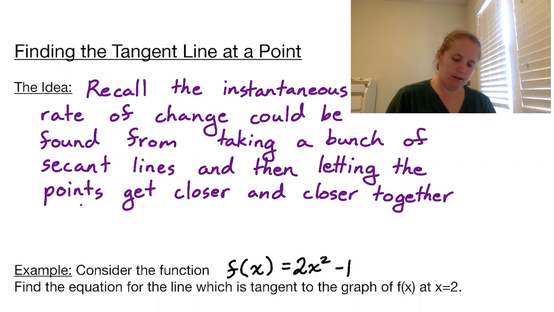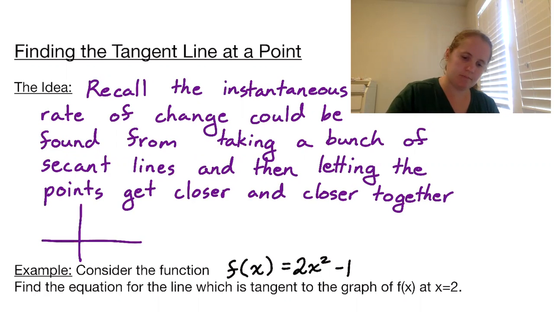So we had our picture of whatever is going on. And we have our point at c. And then we could take a whole series of points and let those points get closer and closer in.